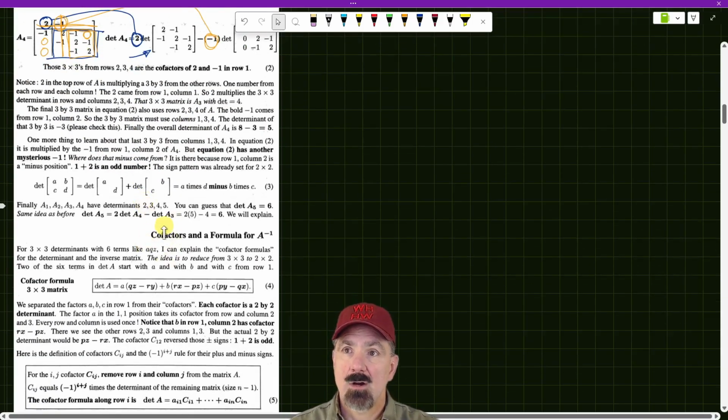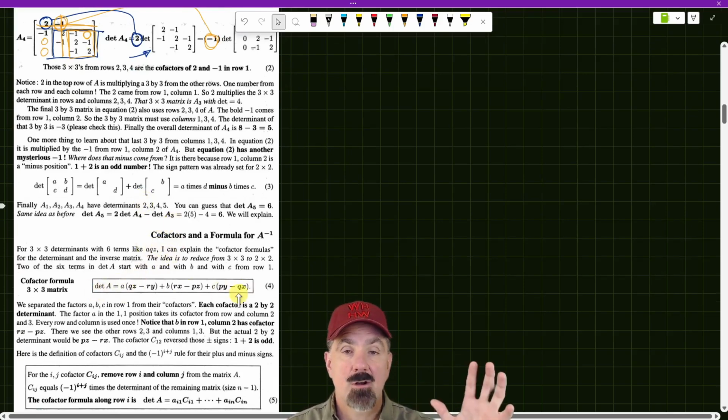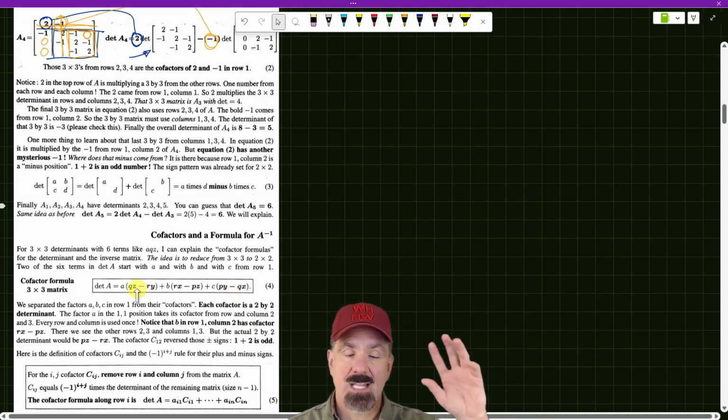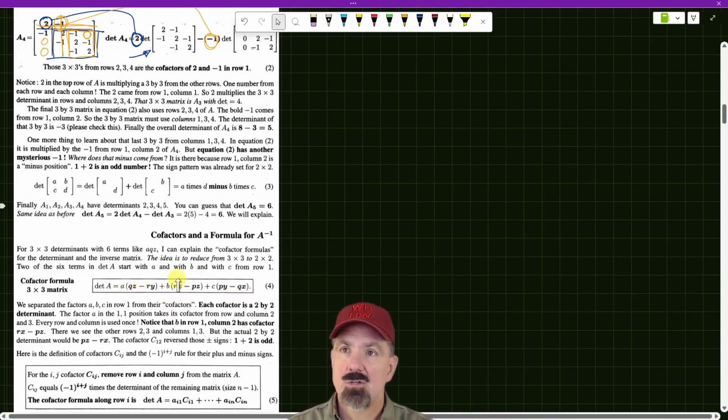And we talk about cofactors, and he gives us the formula down here for the determinant. All he's done is taken the 6 terms that he showed us earlier and rearranged them. Remember that generic matrix, the ABC and the PQRXYZ, he's using the same variables or letters, if you will, here. And we'll get to the cofactor definition in a minute.